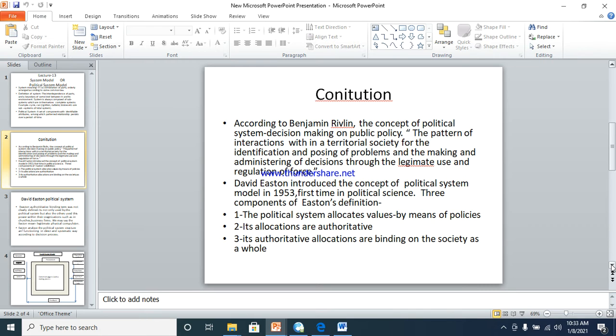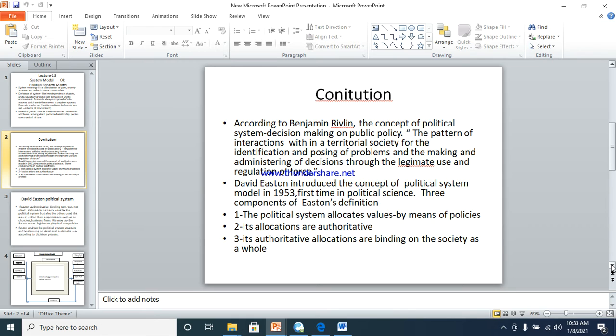Now we specifically discuss the definition of political system by Benjamin Rivelin.